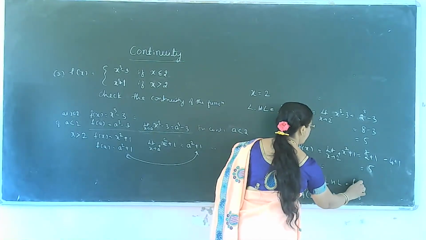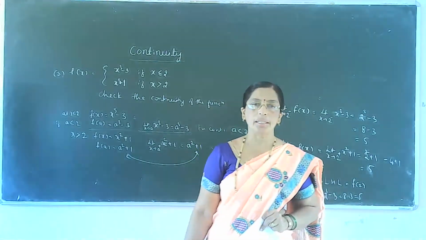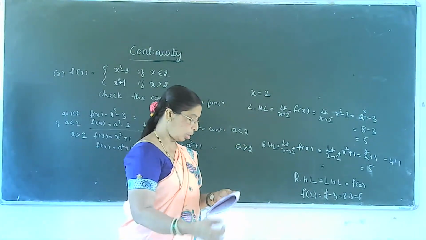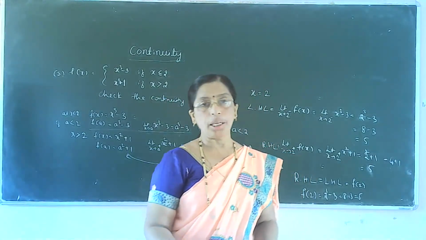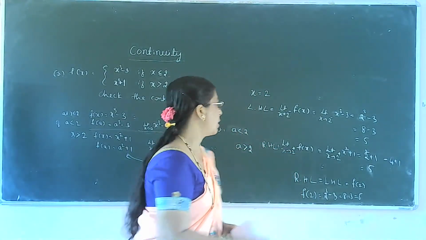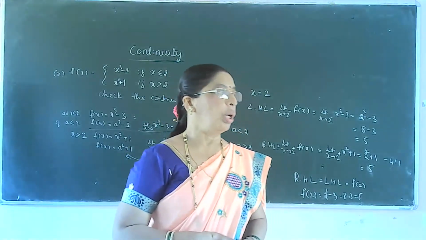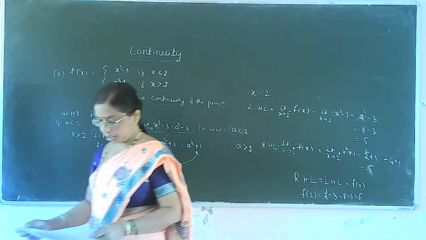Therefore it is equal to f of 2 also. Therefore the function is continuous at x equal to 2. So the function is continuous everywhere: less than 2, greater than 2, and at x equal to 2.